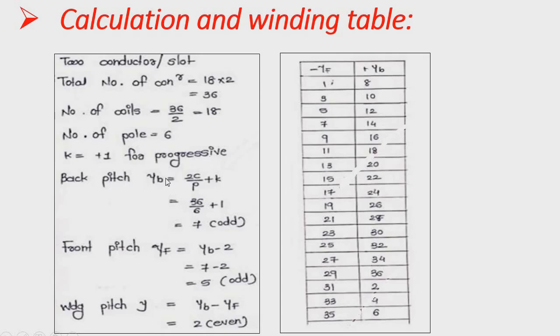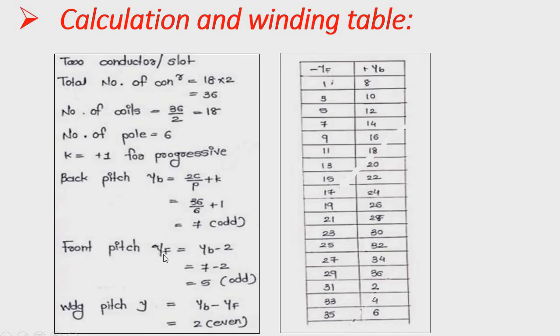So now back pitch YB is given by 2C by P plus K. So 2C is 36, P means number of poles, 6, plus 1, which is the value of K for progressive. So we will get the value of YB is equal to 7, and it is an odd number. So our first condition is satisfied.